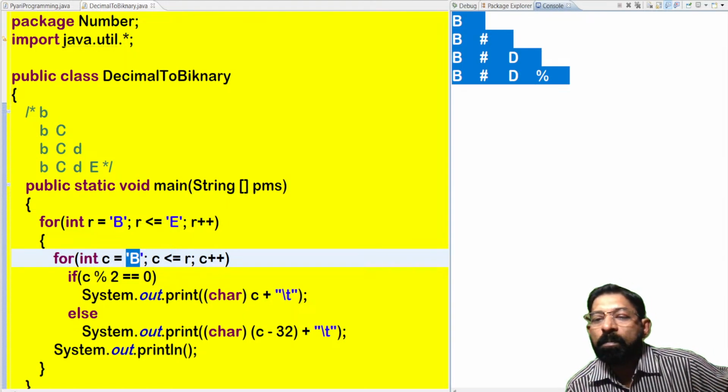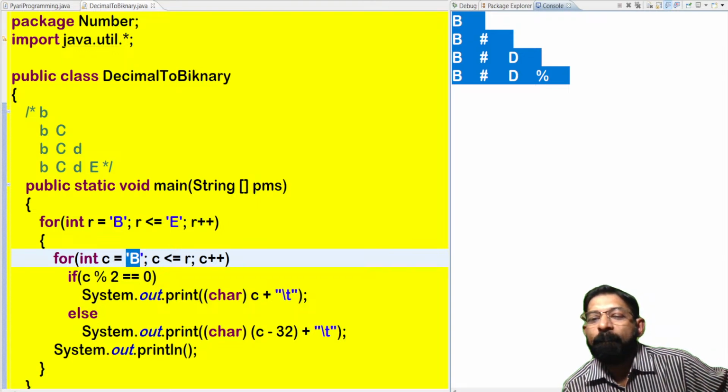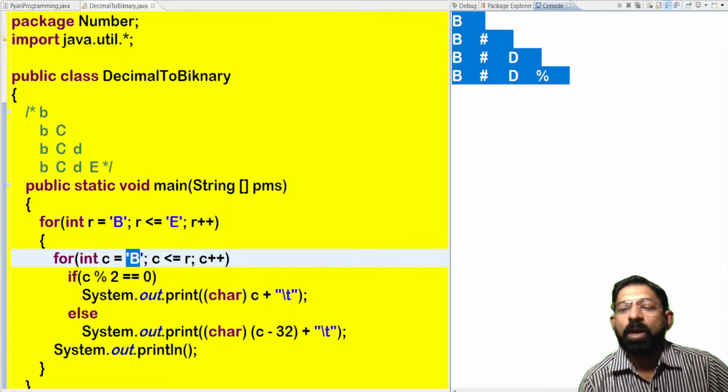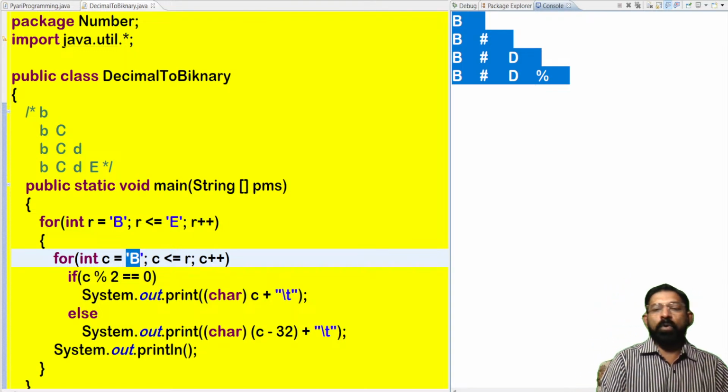Sir, time. What time? Acha, you need time to think about it. Okay, then we can go for this one as a homework.